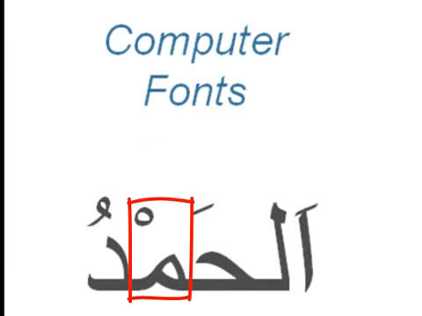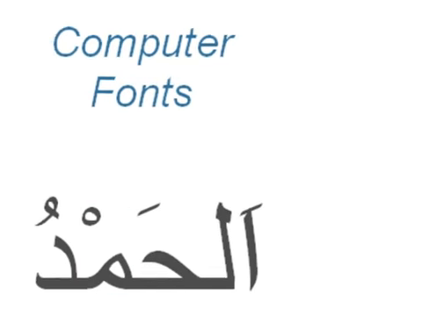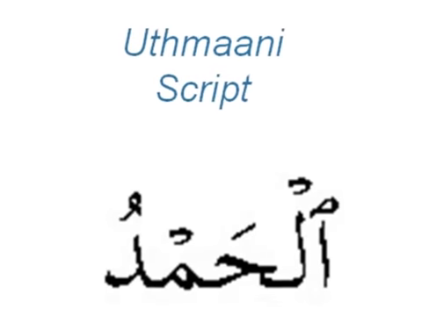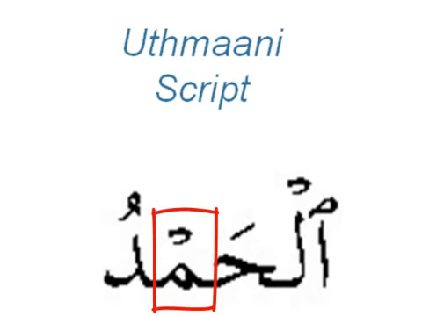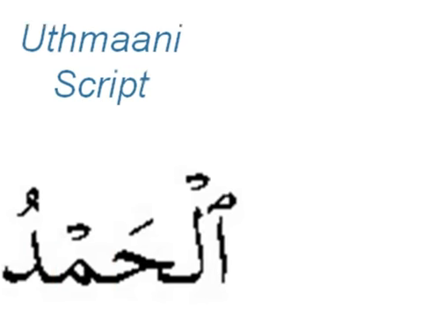So here we have the word Alhamdu, and just above the Meme is a Sukoon, which is a round circle. In the Uthmani script, i.e. in the Quran, the same word again, if we look above the Meme, you have a Sukoon, which is almost a circle but not complete.